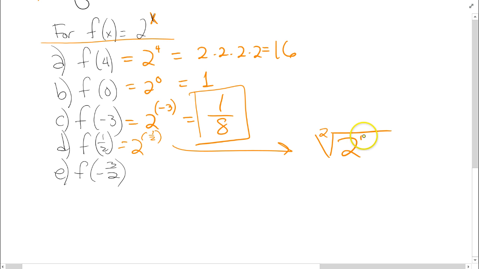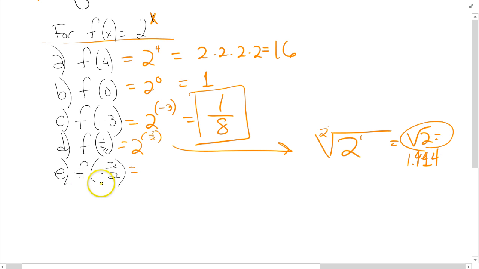So 2 to the 1st, there's the numerator on the 1/2, and the 2 would be the root number. So the square root of 2 is just the square root of 2, which is about 1.414. This is the most precise answer, and so we'll stick with that.